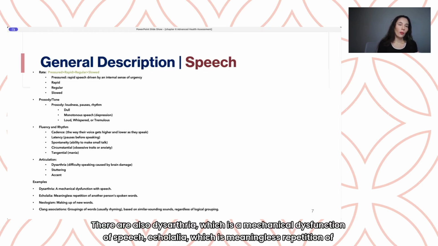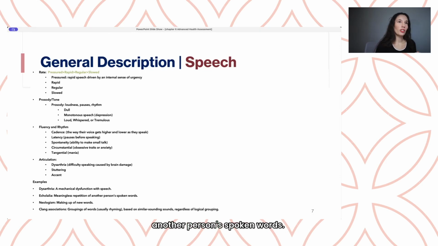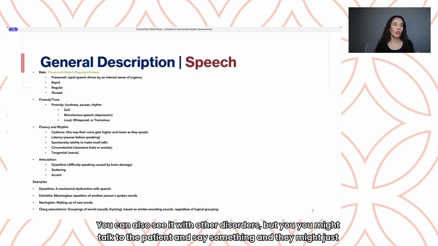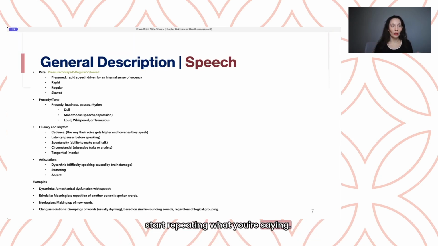There are also dysarthria, which is a mechanical dysfunction of speech, and echolalia, which is meaningless repetition of another person's spoken words. Again, you can see this with catatonia. You can also see it with other disorders, but you might talk to the patient and say something and they might just start repeating what you're saying.